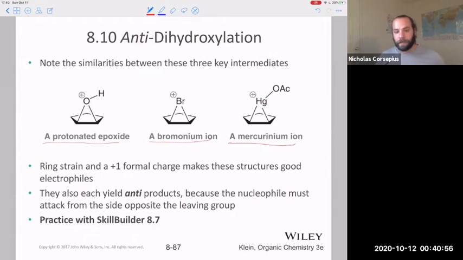These cyclic intermediates make it so that you can't have syn addition, you can only have the anti-addition of the nucleophile to these intermediates.